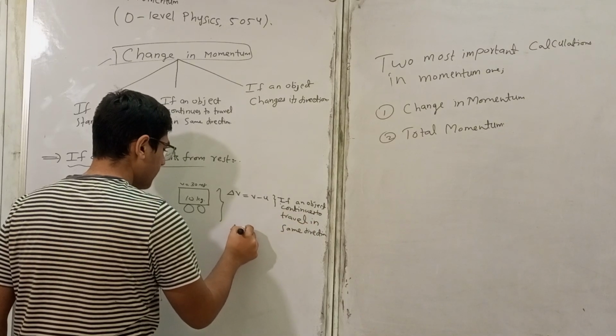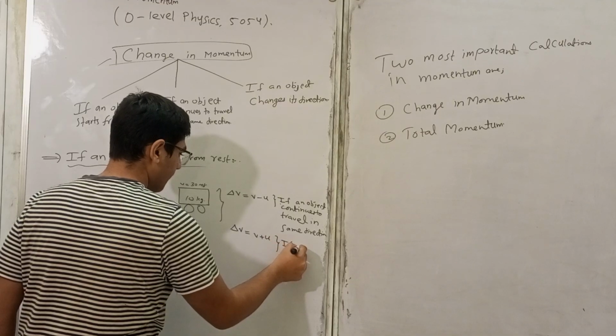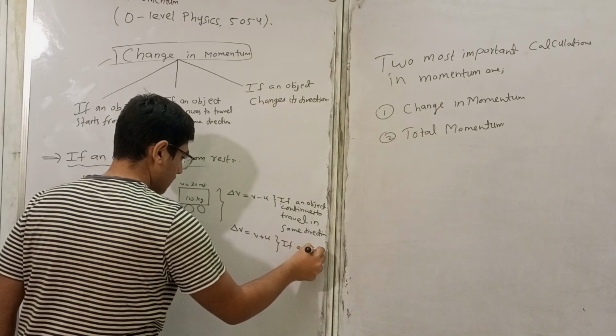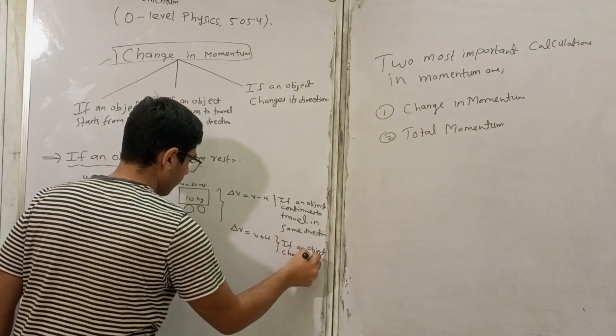Whereas change in velocity will be final velocity plus initial velocity if an object changes direction. That is our scenario number 3.